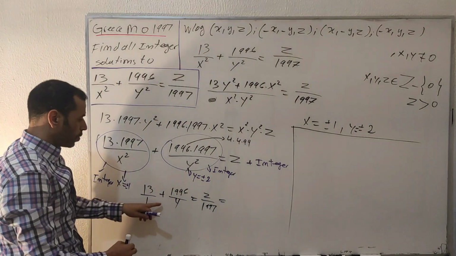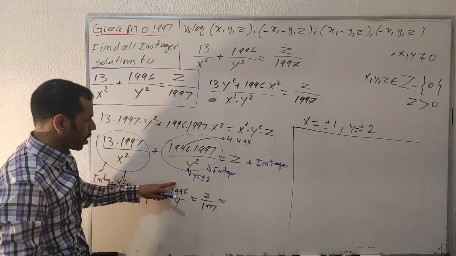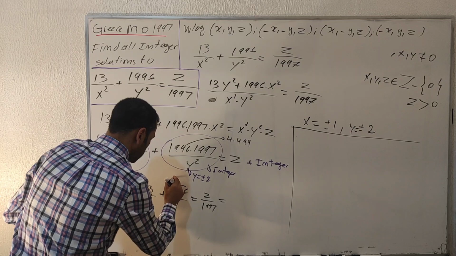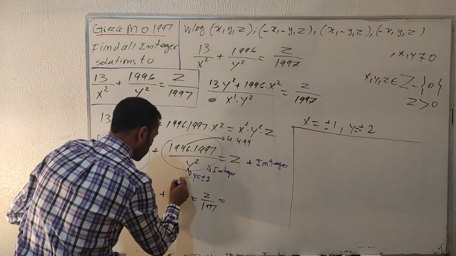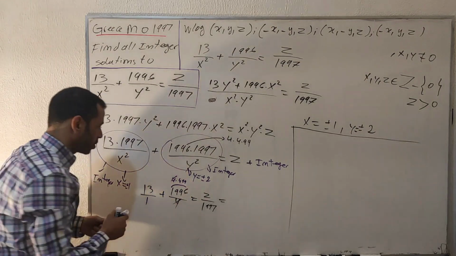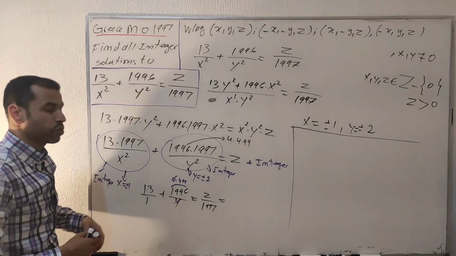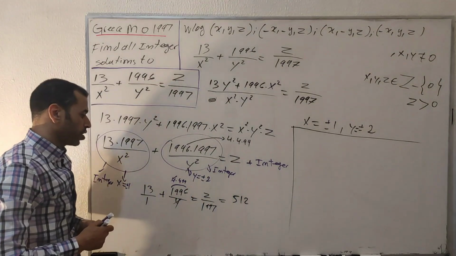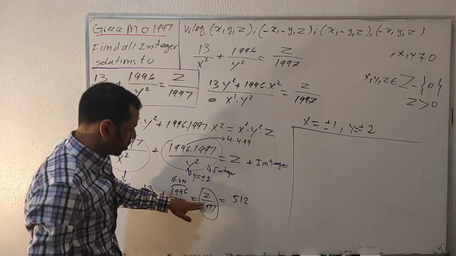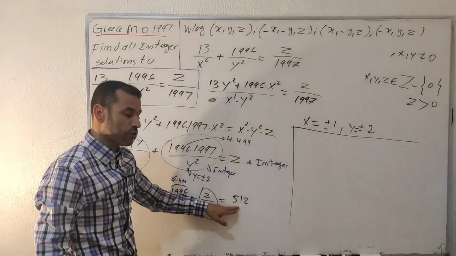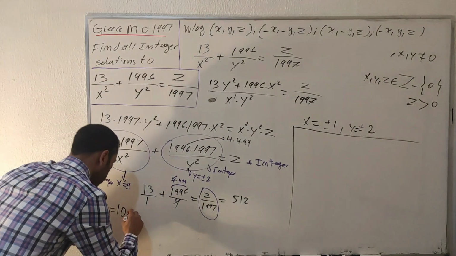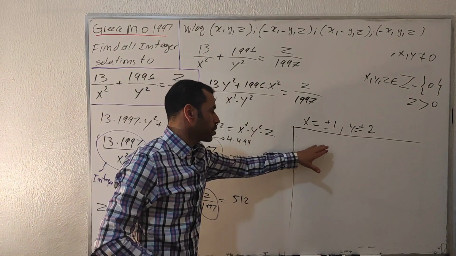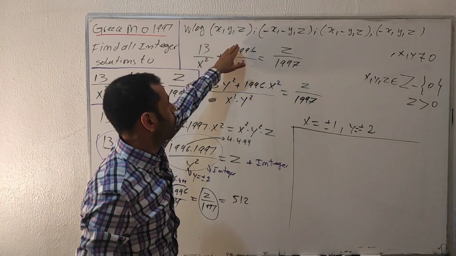The 4 will cancel out as I said before, because 1996 is 4 multiplied by 499. I will be left with 499 plus 13, which is 512. So 512 equals z over 1997, which means z equals 1997 multiplied by 512, which is 1,022,464.